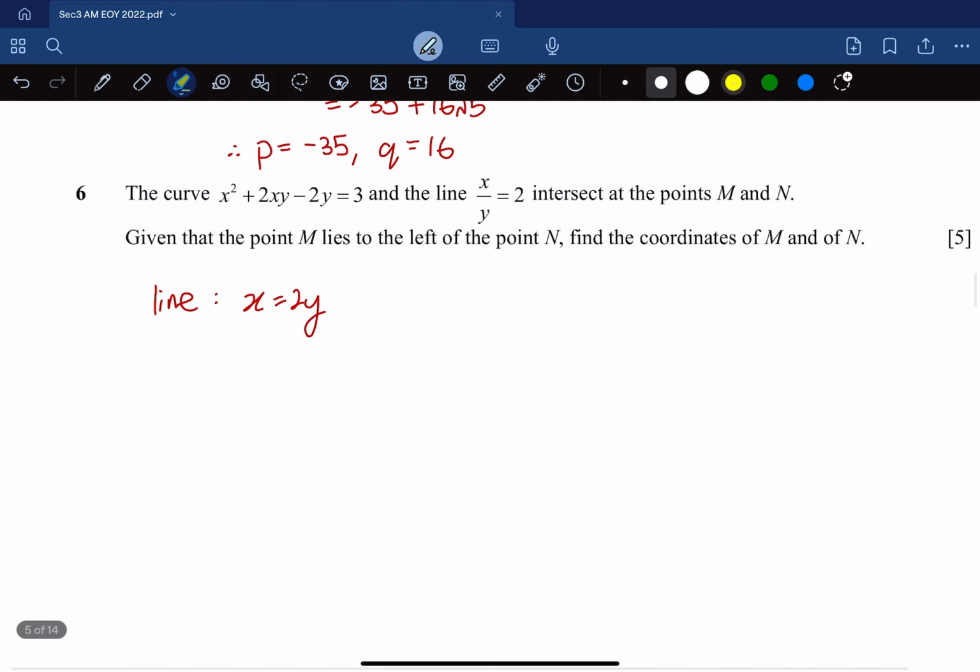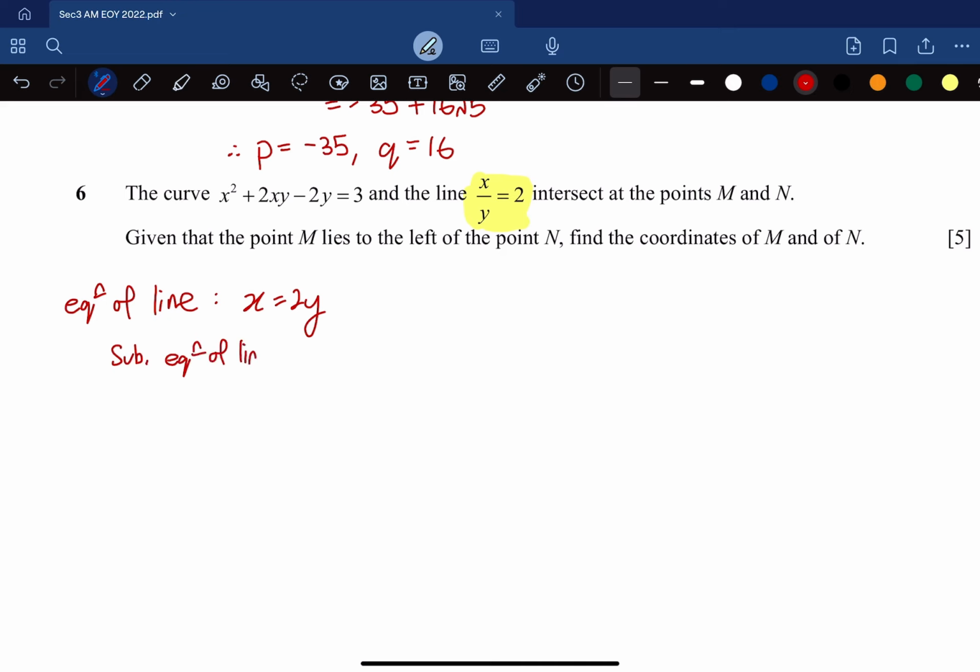Based on this equation over here, I cross multiply, and I can get the equation of the line to be x equals 2y. Therefore, sub the equation of the line into the curve to find the intersection point. So all the x I replace by 2y. Instead of this equation, I will have 2y squared plus 2 times 2y times y minus 2y equals 3.